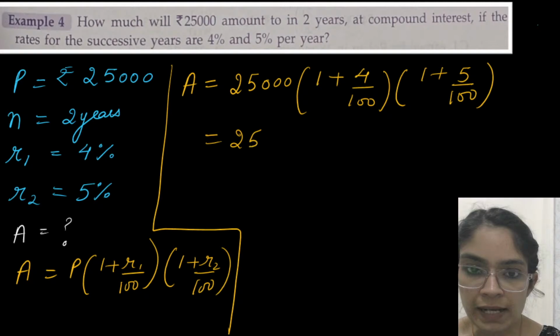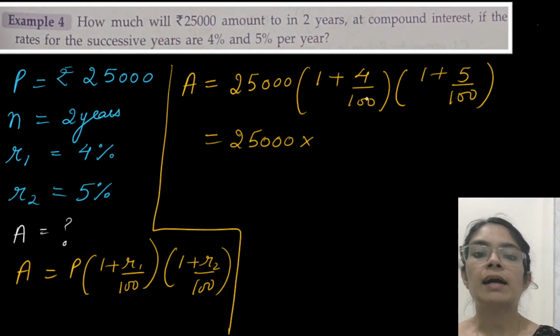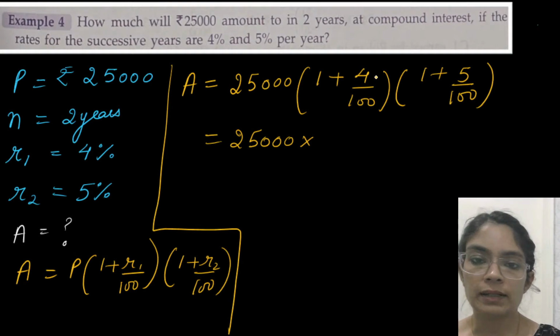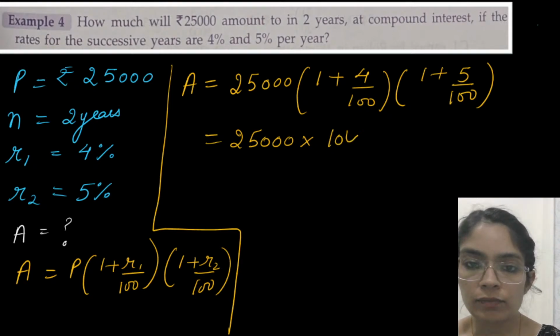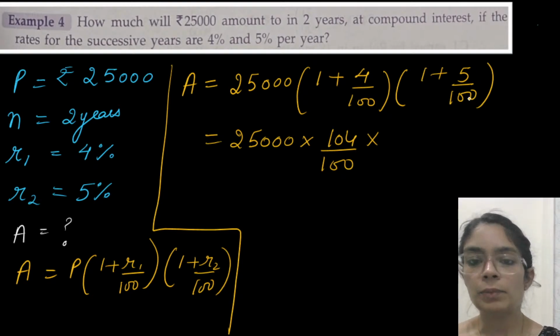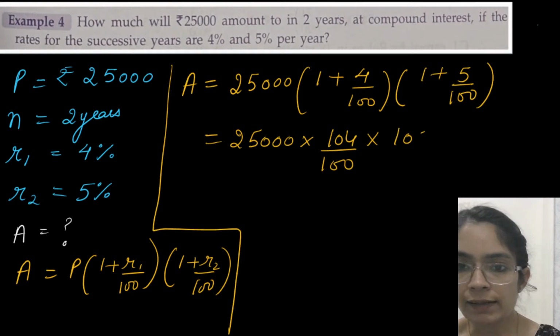Here same thing like I have told you, add numerator and denominator. So 100 plus 4 is 104 by 100, 100 plus 5 is 105 by 100. This is the trick I have told you. Always do the same thing.